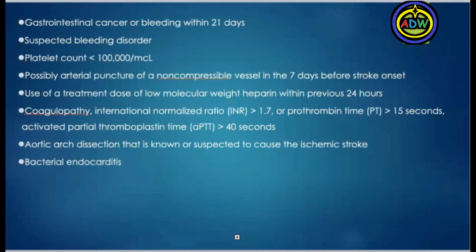When you suspect or there is aortic arch dissection, or bacterial endocarditis, it is also a contraindication for thrombolytic therapy. So you can see a lot of contraindications. And first of all, the therapeutic window is 3 hours.